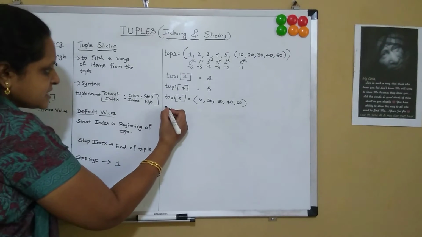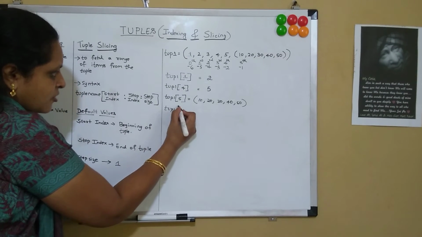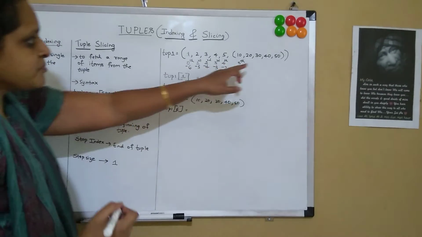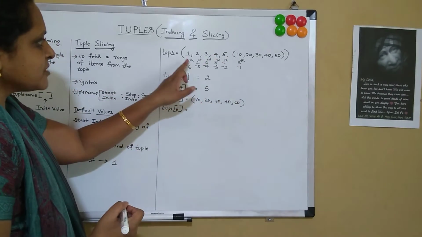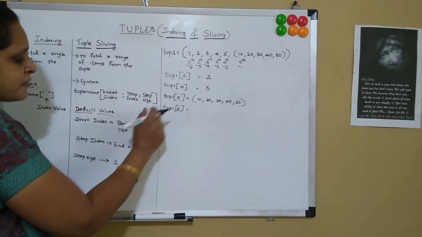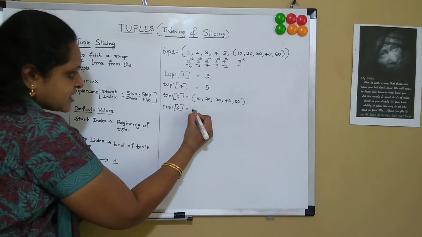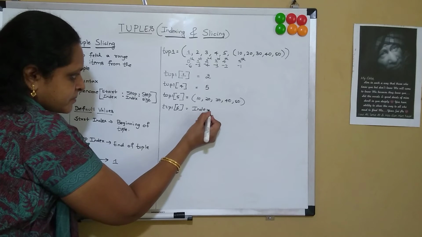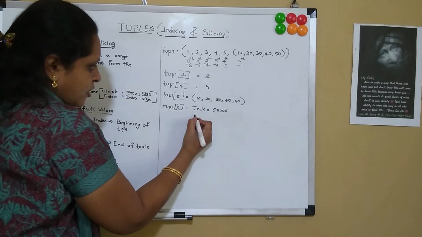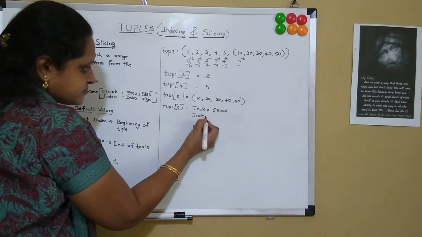And now if I say tuple1 of 6, this index is not present here. It is ranging only from 0 to the 5th index. So we do not have tuple1 of 6. So it will give an index error telling index is out of range.